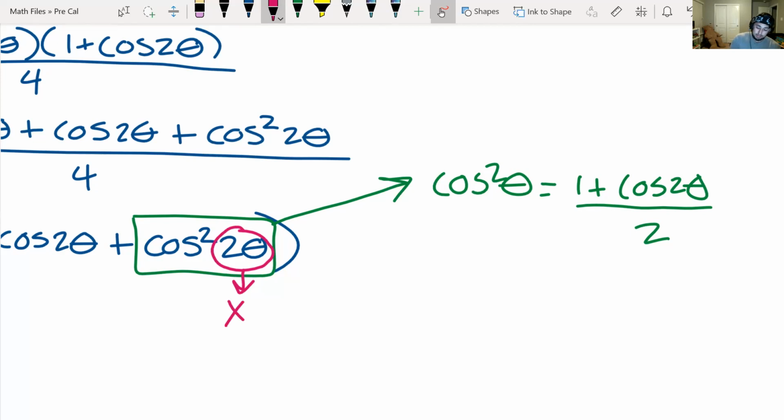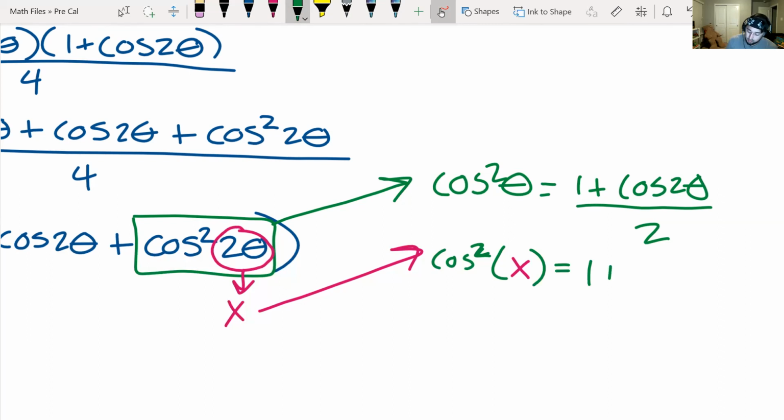All right, with our substitution, I now have cosine squared of X. So if I follow the formula above, this becomes 1 plus cosine of 2x, all over 2.